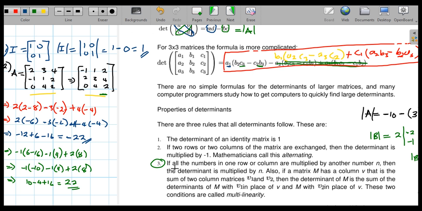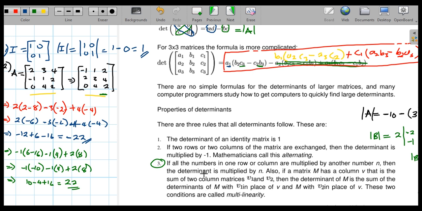So for instance, the first statement says if all the numbers of one row or column are multiplied by another number n. So for instance here, if all the numbers in this row are multiplied by, let's say, number 2, then a new row will be formed, which will be 8 and 4 here. Every other thing will remain constant.